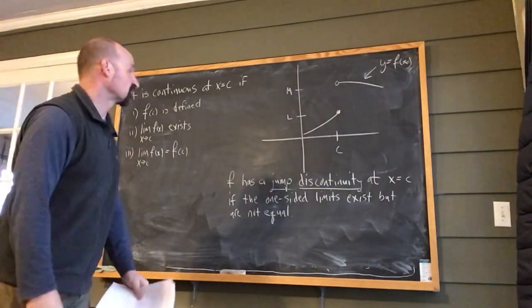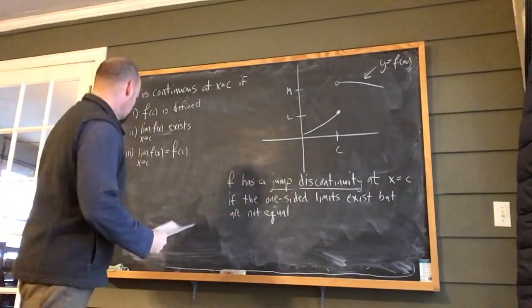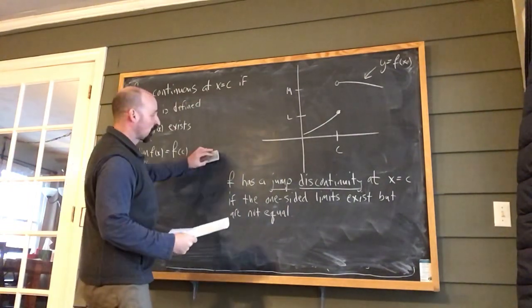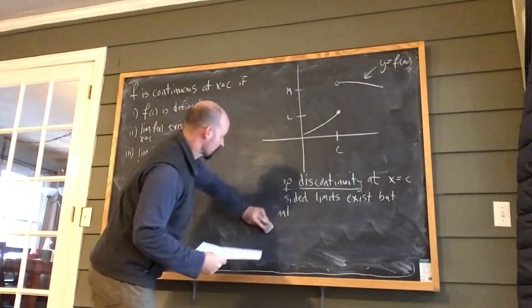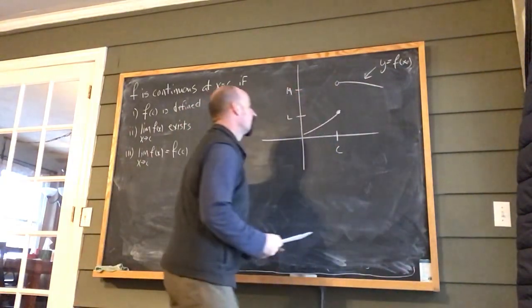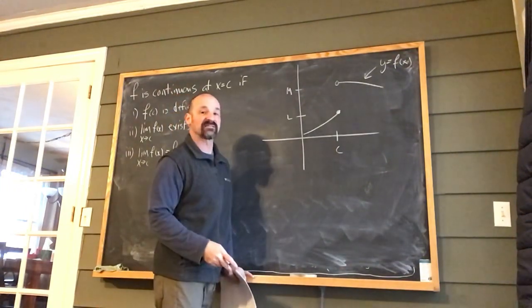While I have this picture up here, I can use it to talk about a function being left continuous at a point or right continuous at a point. So this function here is left continuous at x equals c.